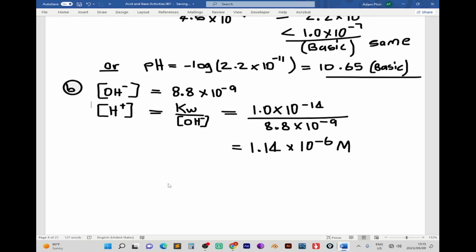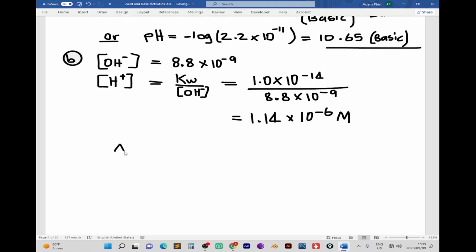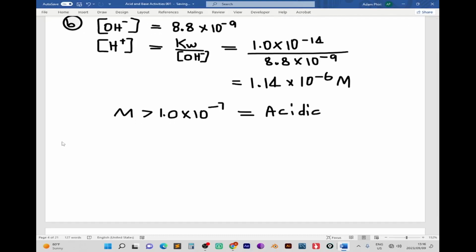That is the molarity for the acid. Then there's more acid than base. So 1.14 times 10 to the negative 6 is greater than 1.0 times 10 to the negative 7.